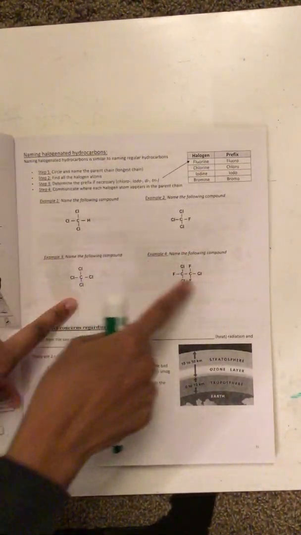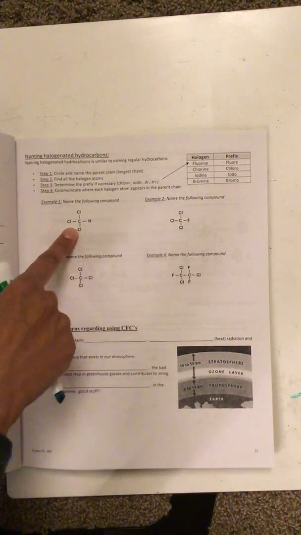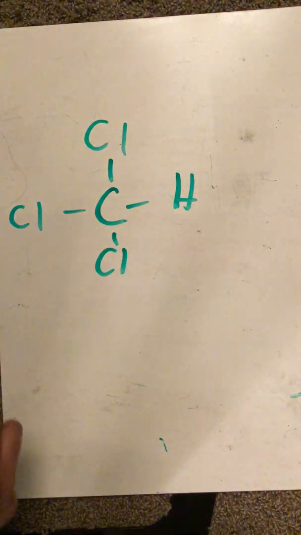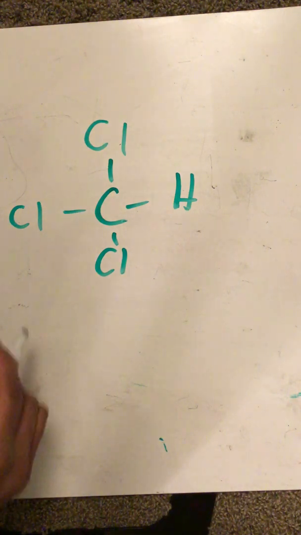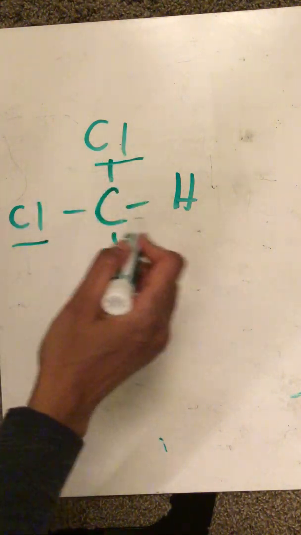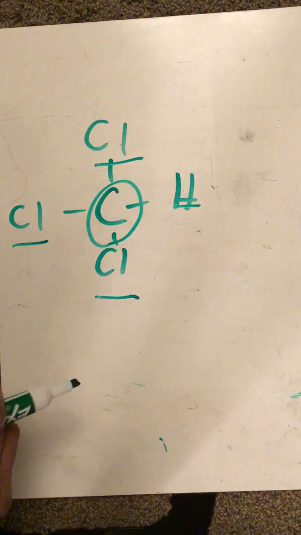So when we talk about halogenated hydrocarbons, we're going to talk about naming them, and they have 4 examples here. 1, 2, 3, 4. Let's name this. If you take a look at this, C, Cl, H, Cl, Cl, I'm like, is this a halogenated hydrocarbon? Well, I think it is, because it contains halogens, group 17. It contains a carbon, and here's my hydrogen. It's a halogenated hydrocarbon.